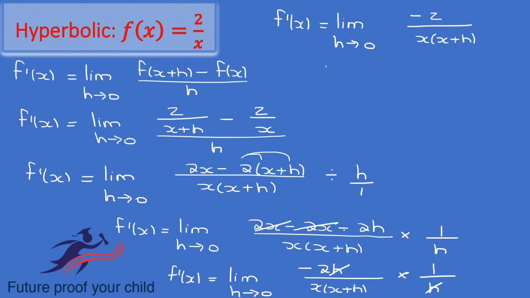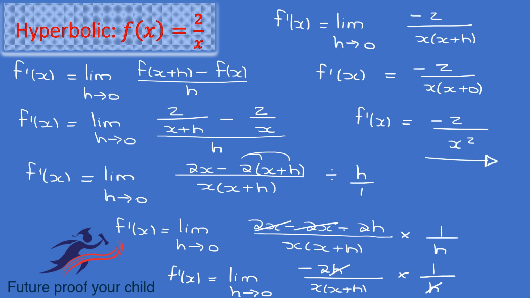Then I'm ready to replace my h with a 0. So I get negative 2 over x times x plus 0. And if I simplify that, the derivative will be negative 2 over x plus 0 is still x, x times x is x squared.